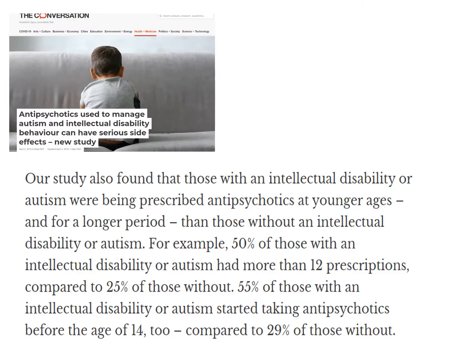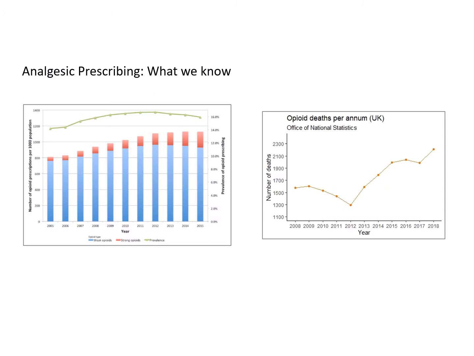The study also identified that people with intellectual disability were more likely to be prescribed them at a younger age and prescribed them for a longer period of time compared to people who didn't have an intellectual disability and were prescribed antipsychotics.